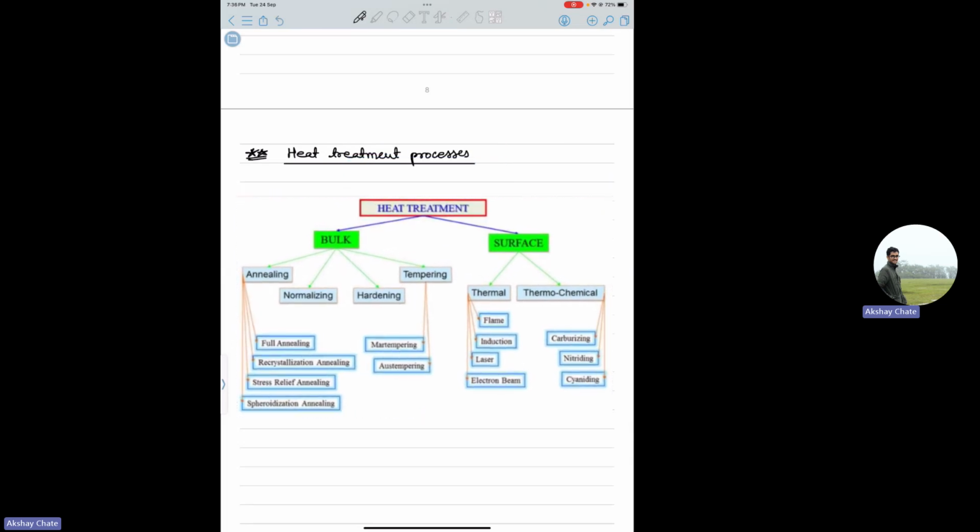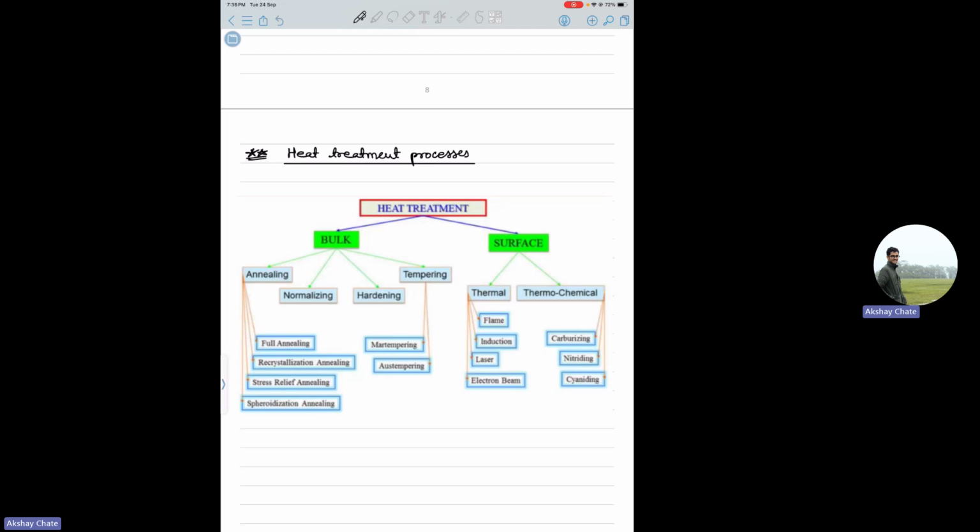Yeah. So these are the main heat treatment processes. You have bulk heat treatment processes, then you have surface heat treatment processes.